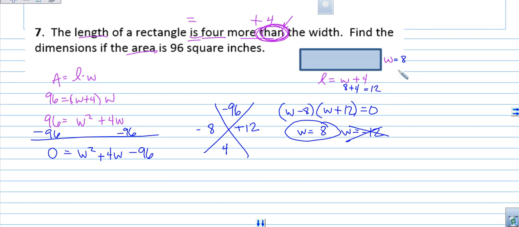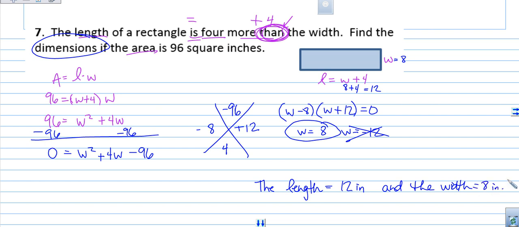So you have 8 and 12. And as for the dimensions, which is the length and the width, the length equals 12 inches, and the width equals 8 inches. Okay?